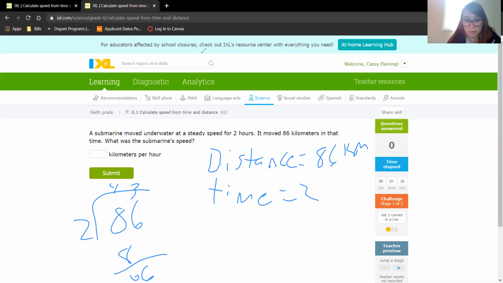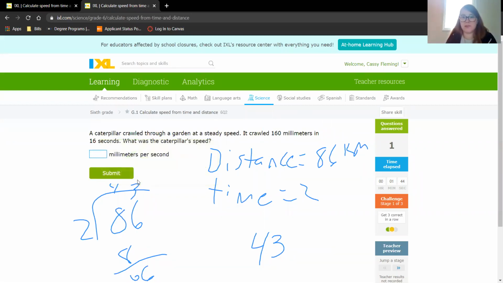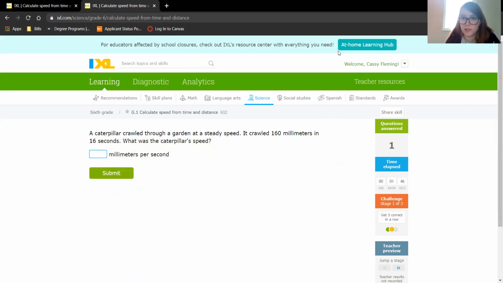So our answer should be 43 kilometers per hour. If we type that in, oops, I forgot to click the box. Type that in. We are correct. I'll do another one like that.